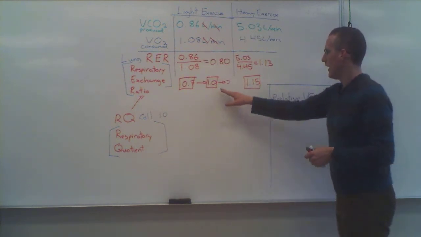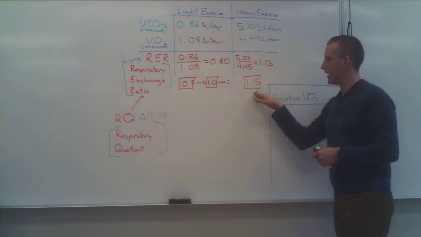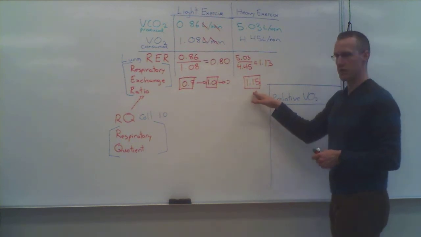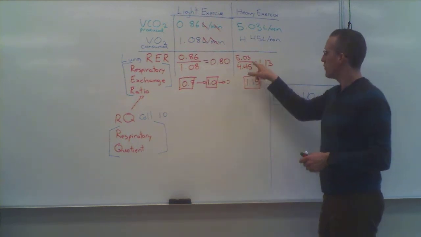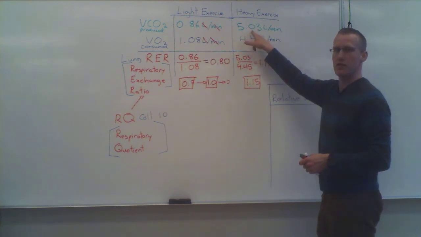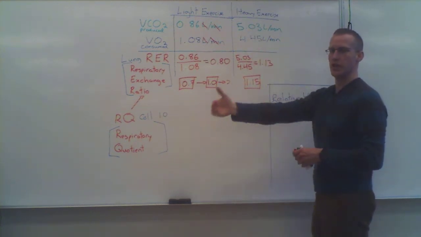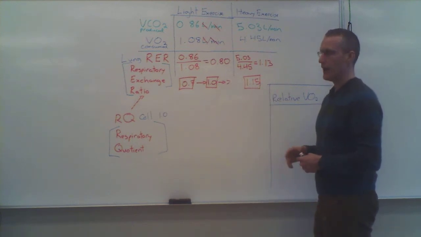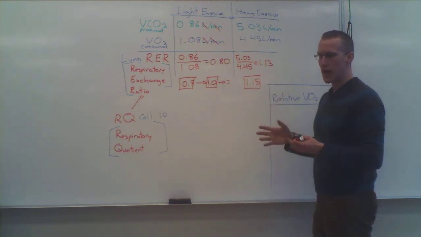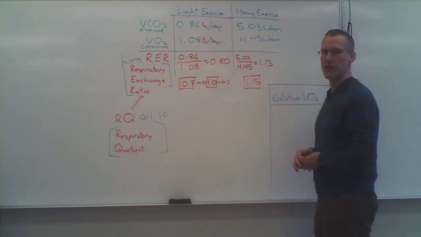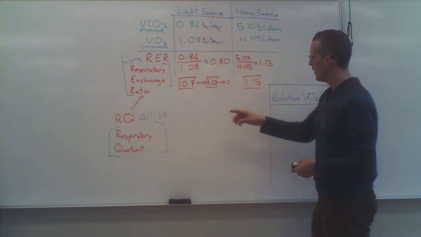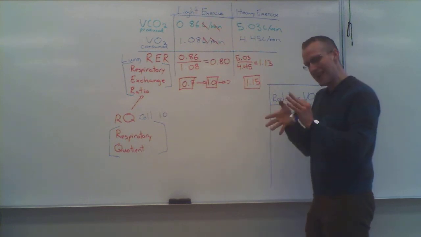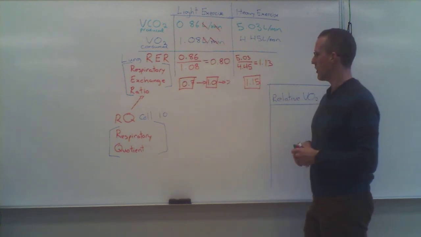And when your body is at heavy exercise, you're above the anaerobic threshold, you produce a greater amount of CO2 because of the addition of that anaerobic metabolism, and your RER can climb above 1. And 1.1, sometimes 1.15 is a criteria for VO2 max. 1.0 is a rough estimate of the anaerobic threshold.